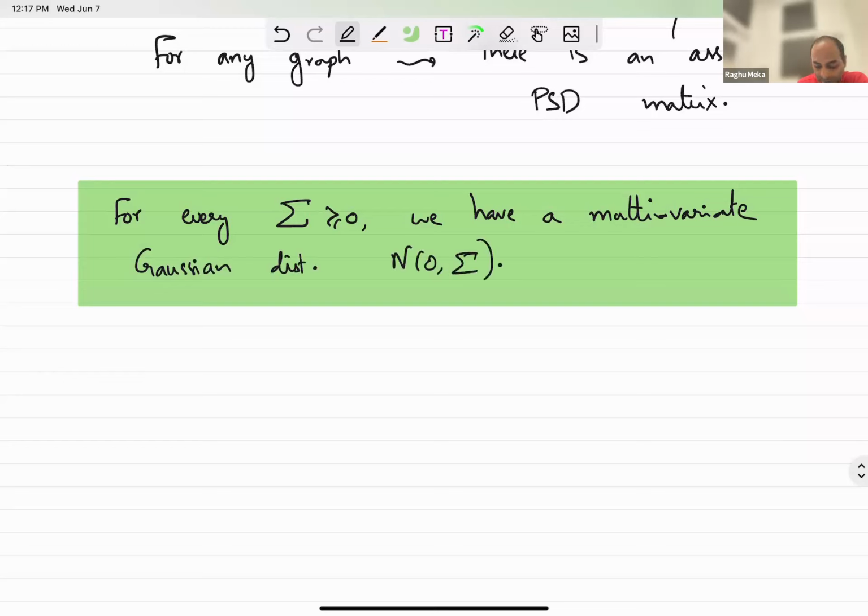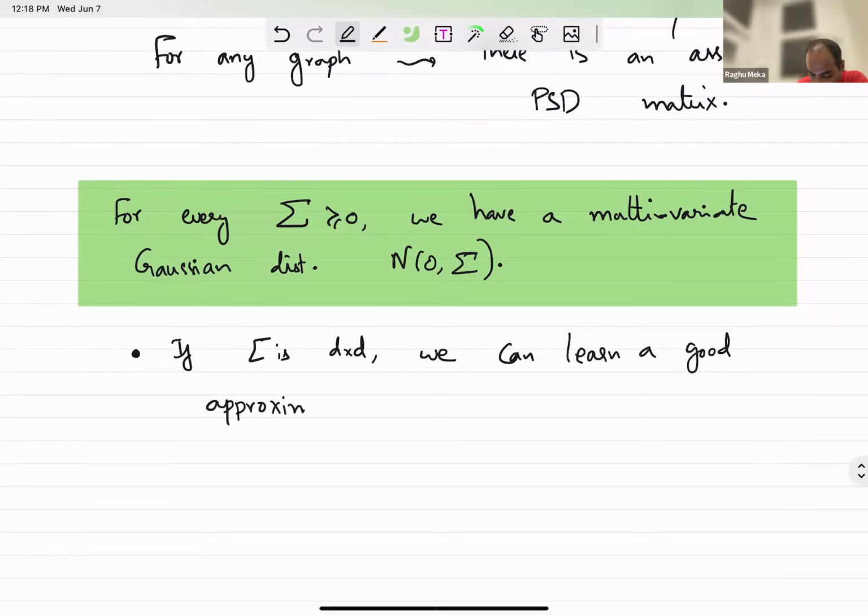And in the last class, we said that, if sigma is d by d, we can learn a good approximation to sigma from O of d samples.